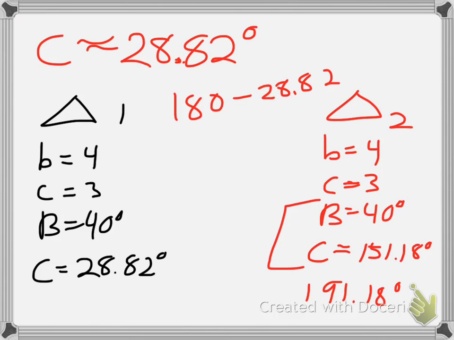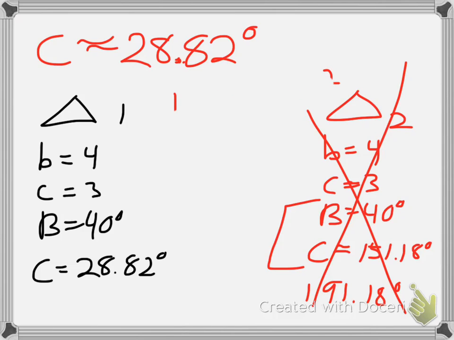Because the sum of B and C in my second potential triangle is bigger than 180, I can assume there is not a second triangle. There is at most one. So I can assume no second triangle, which means I can use subtraction to figure out the third angle in my first triangle.